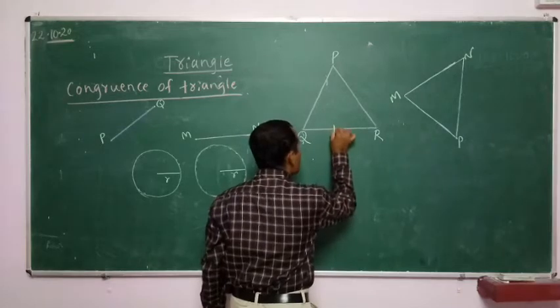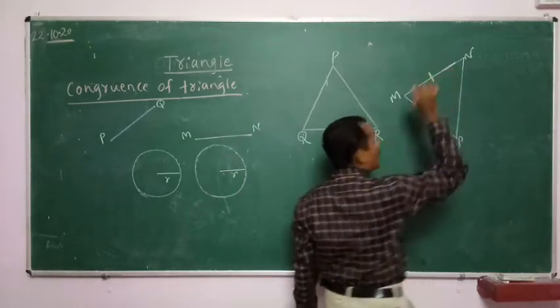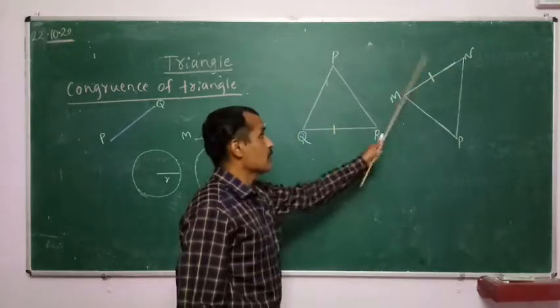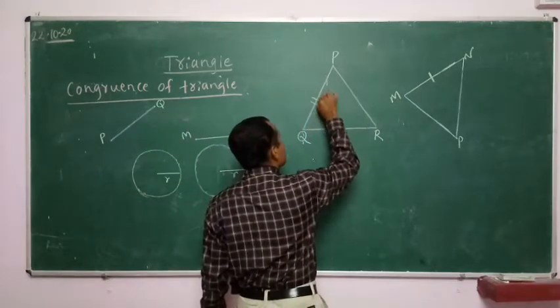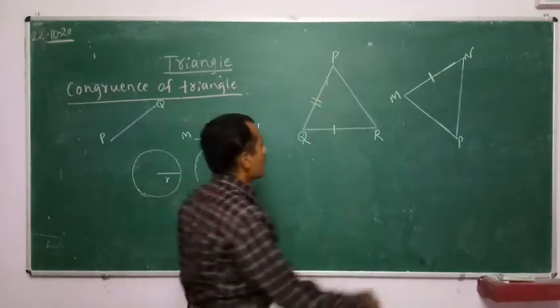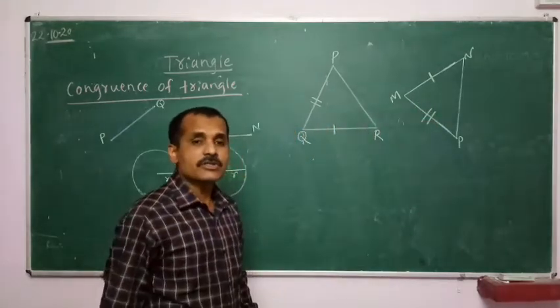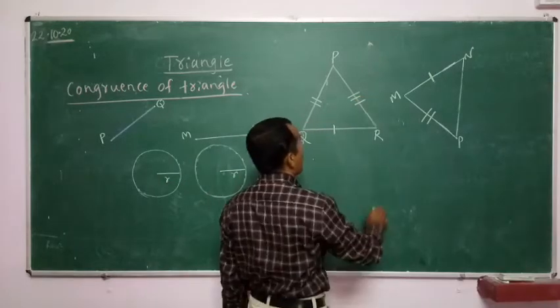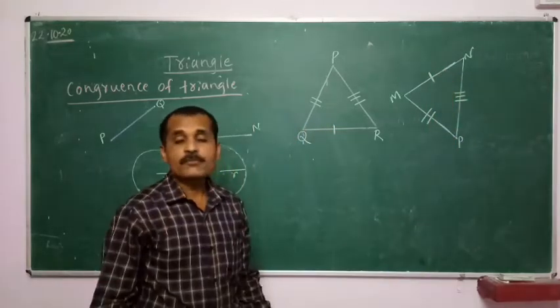Side PQ and side MN are equal to each other. Further I say side PQ and side MP are equal to each other. And I say side PR and side NP are also equal to each other.